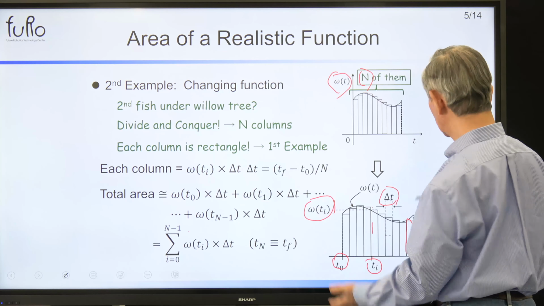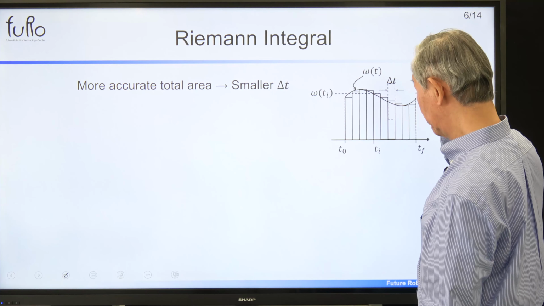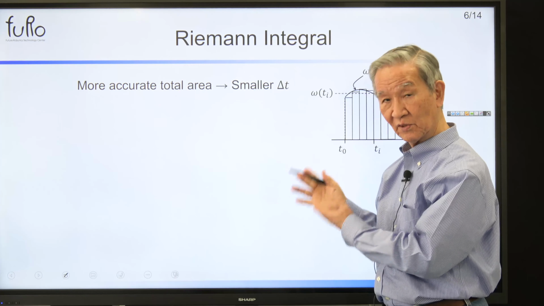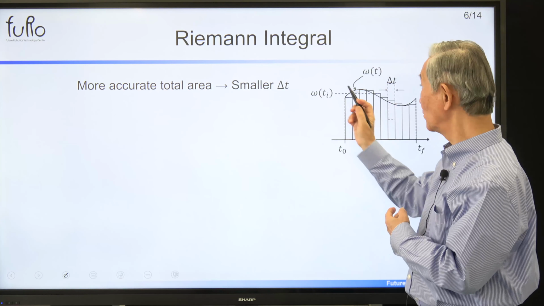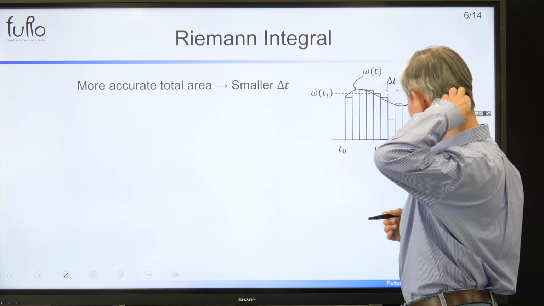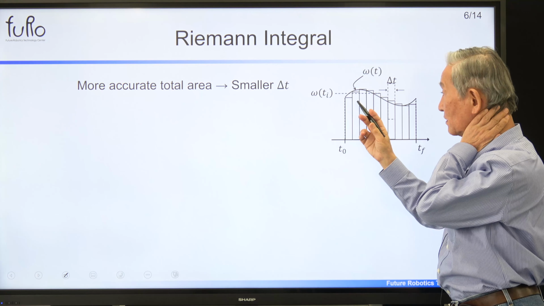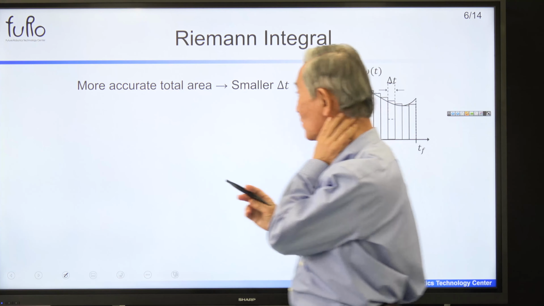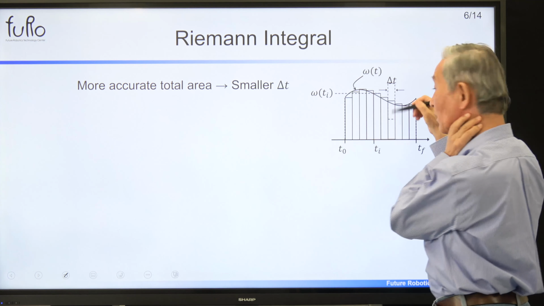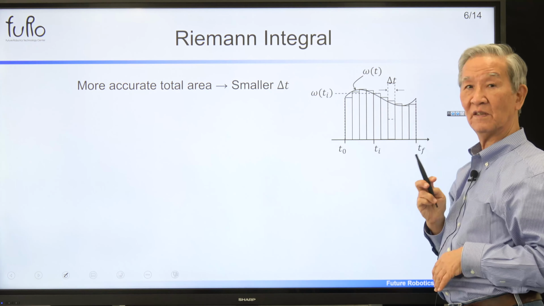All right. So let's actually compute this one here. Actually, I'll do the actual computation in a minute, using omega ti, something which we know. If you look at this one here, how can we make the sum of all of those columns close to the original area?